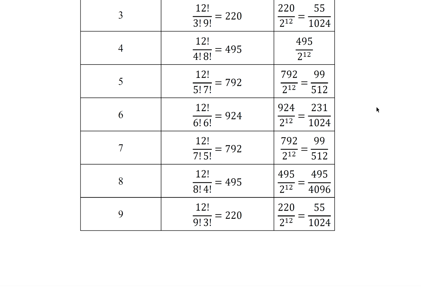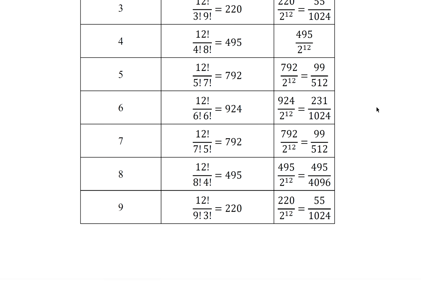And you could see we are most likely to get this. There are 924 possible ways to get 6 heads and 6 tails. The second most popular way is to get 5 heads and 7 tails, or 7 heads and 5 tails. They're equal.